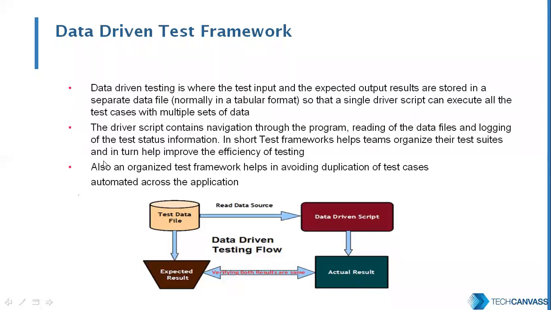For example, user registration, wherein we have a set of username, password, contact number, email ID for registering the user, and we use that set of data for registering multiple users for the same scenario. So data-driven testing is all about testing a single scenario with different sets of test data so that we can understand the behavior of the application with different amounts of data.